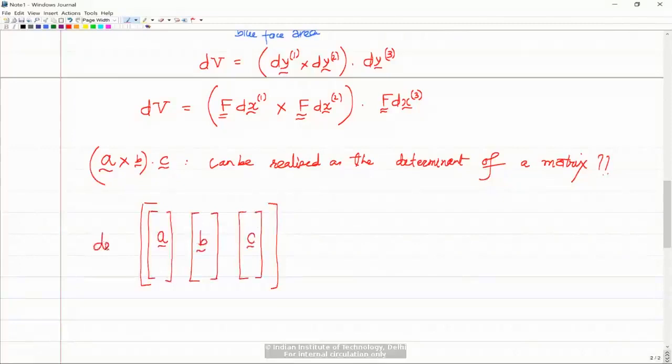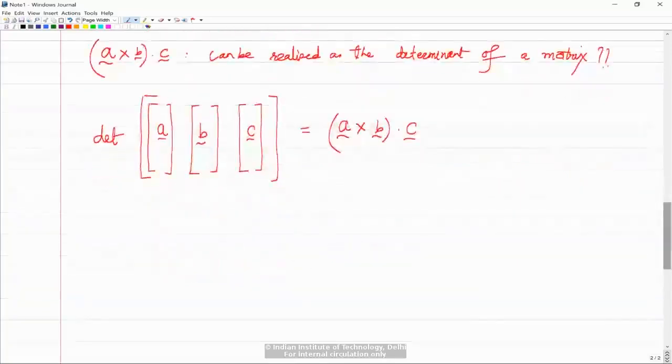And the determinant of this matrix is the same as A cross B dot C. Okay.